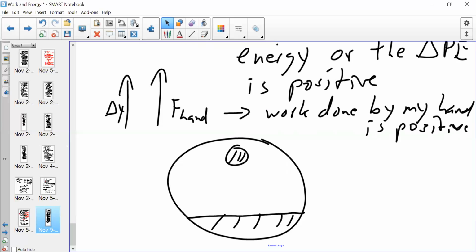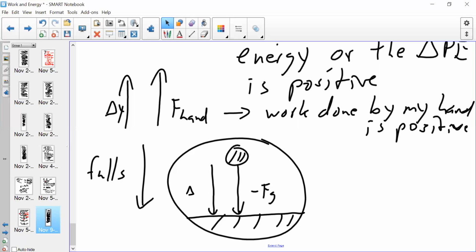Now, let's say the ball, we drop it. Force due to gravity that way, work done by gravity, and the force of gravity and the displacement are going to be in the same direction.